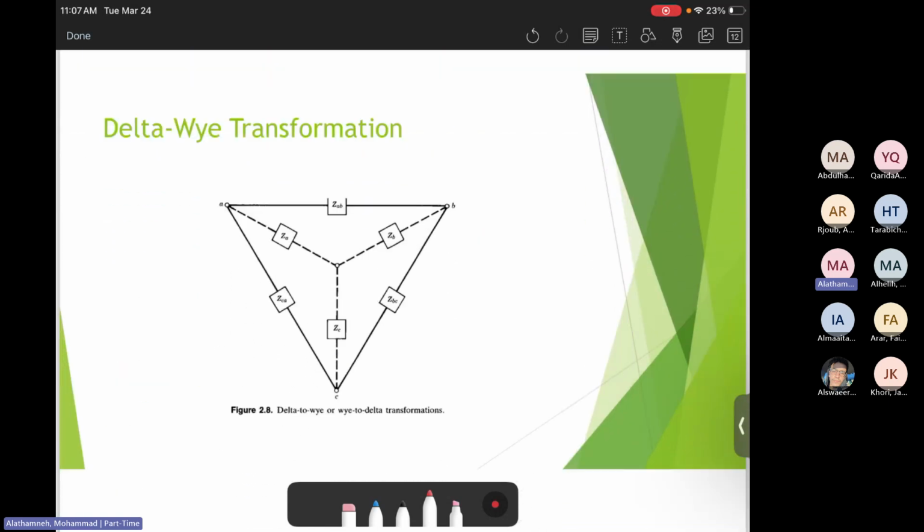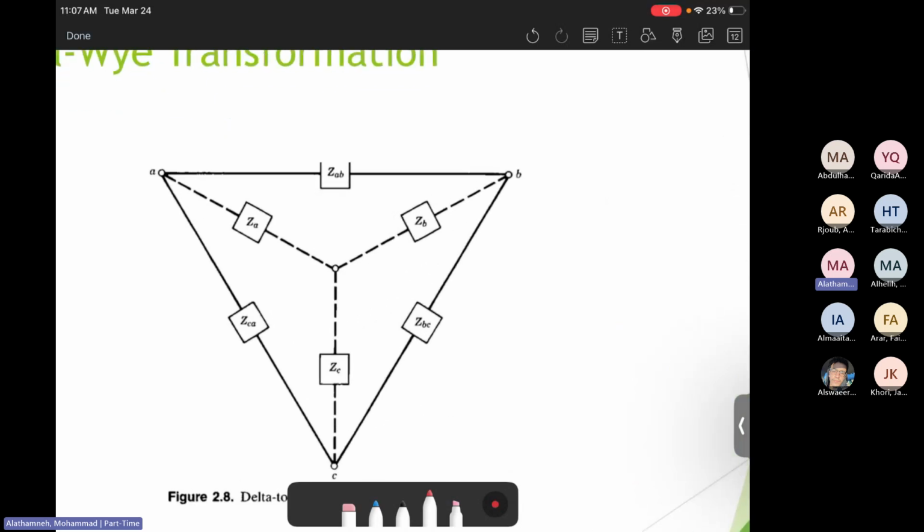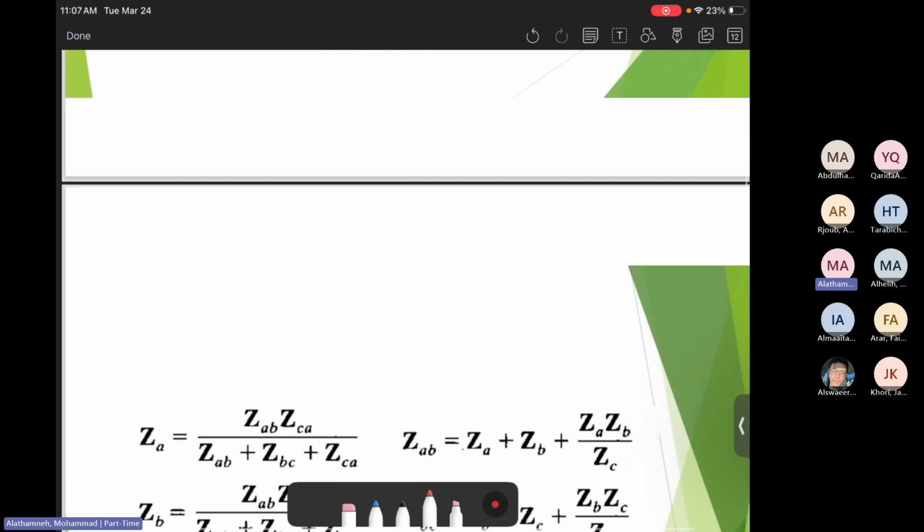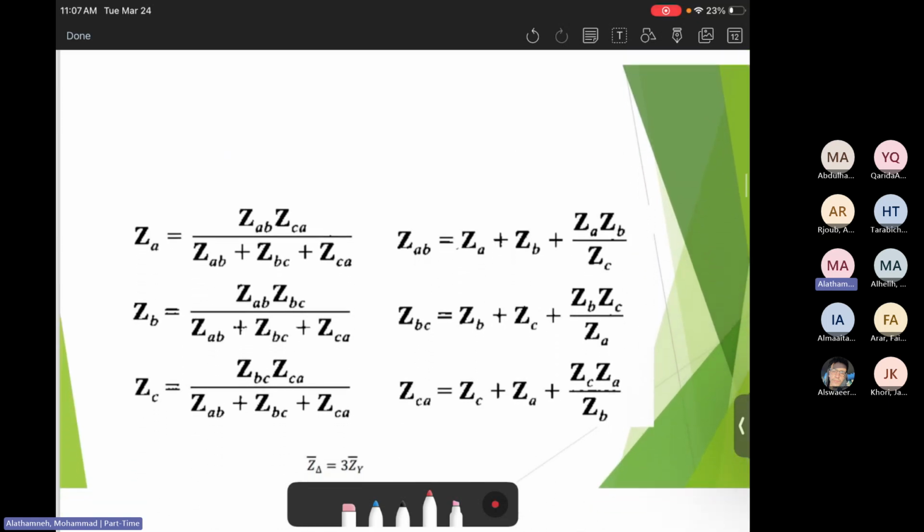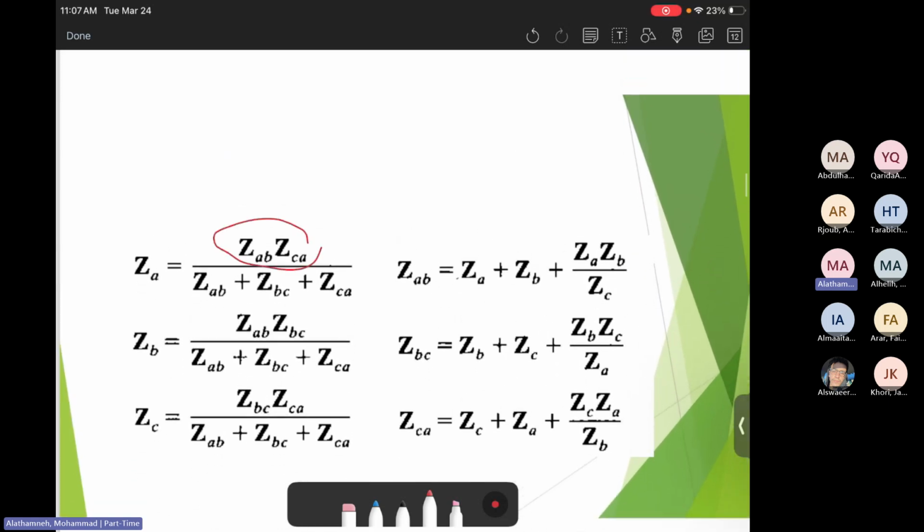Then delta Y transformation, which is basically we would like to transform the impedance from being delta to be Y. How can we do this transformation? So we have ZA, ZB, ZC, and ZAB, ZCA, ZBC. So ZA, look, multiply the adjacent, divide by the overall.